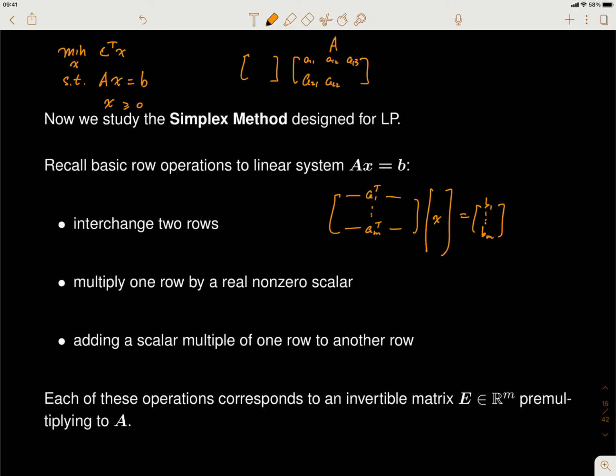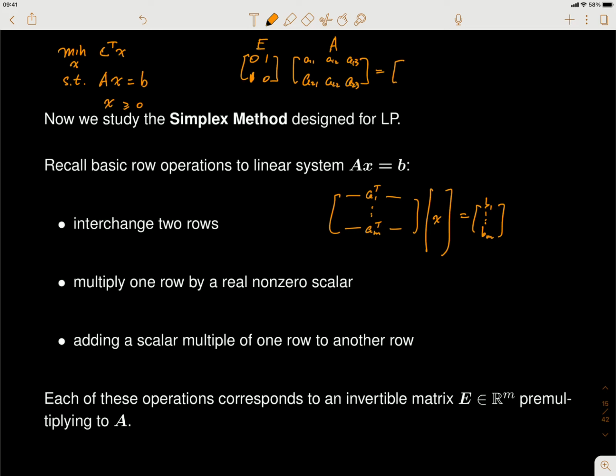To switch these two rows, I can multiply A by a matrix E on the left.